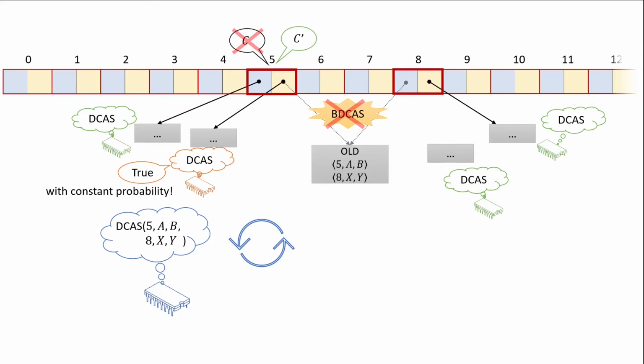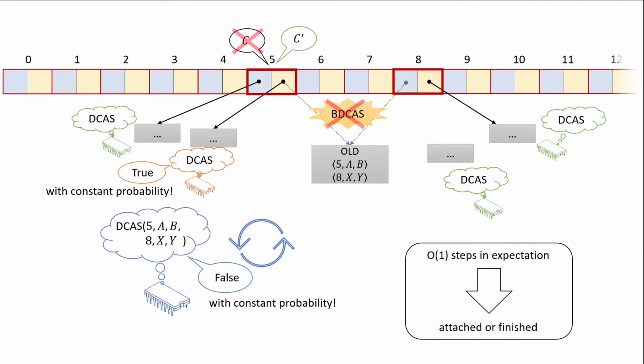Hence, whenever we have to start over, with constant probability, we can return false. As a result, after a constant number of steps in expectation, we will either have attached our descriptor or our DCAS operation has returned false.